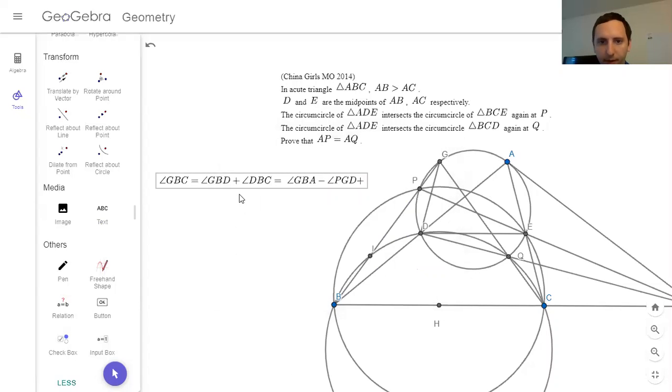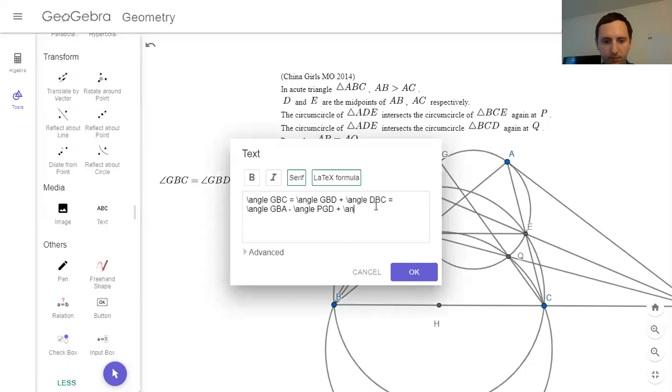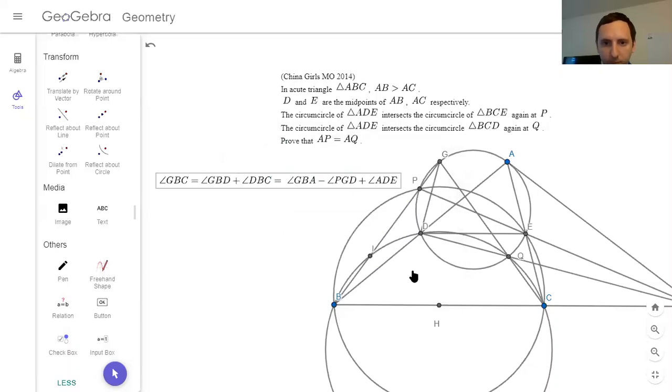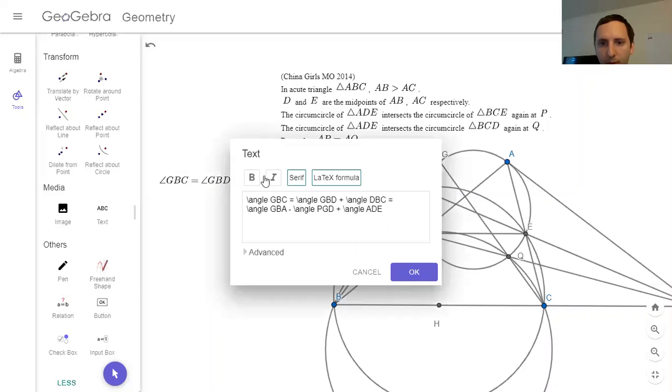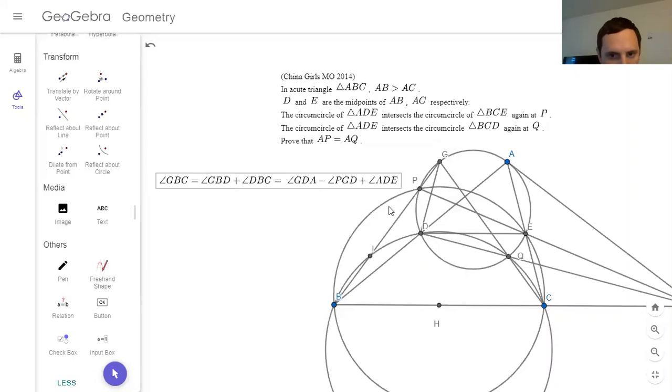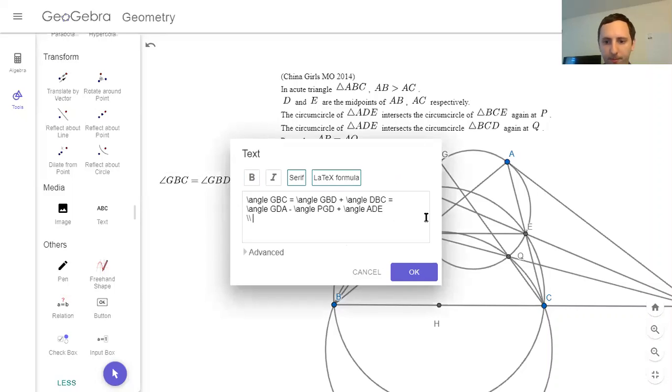Then DBC is ADE. No, I'm sorry, this should be GDA right here, which is angle GDE minus PGD.